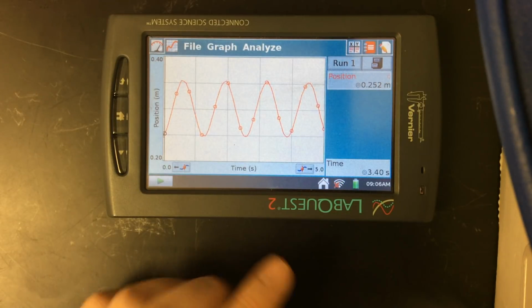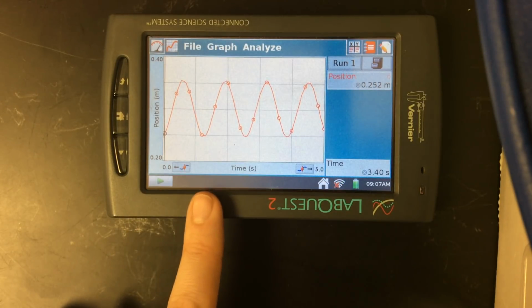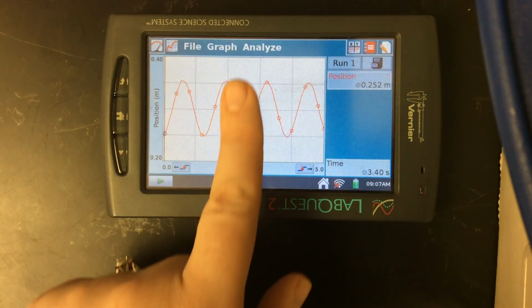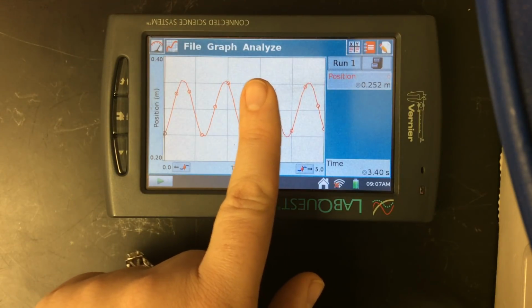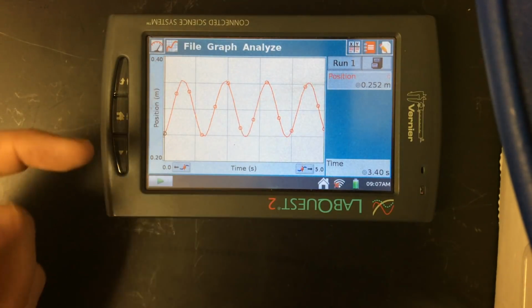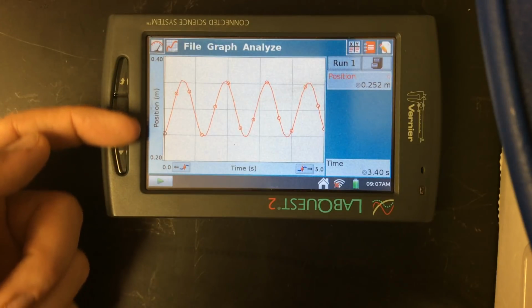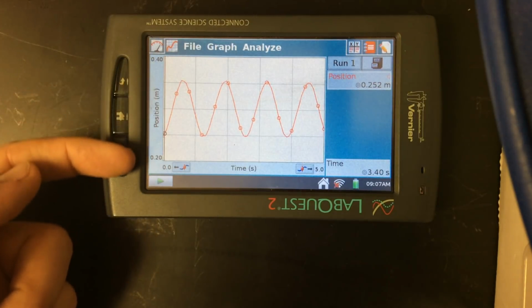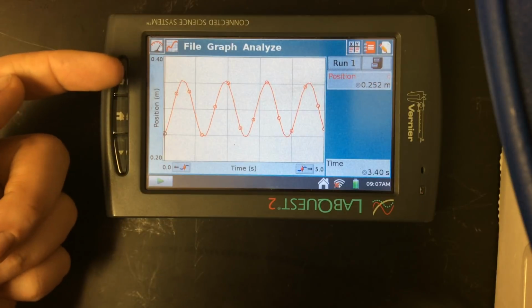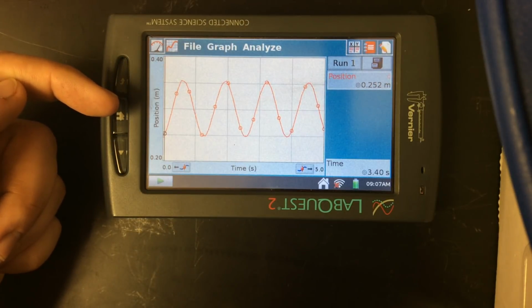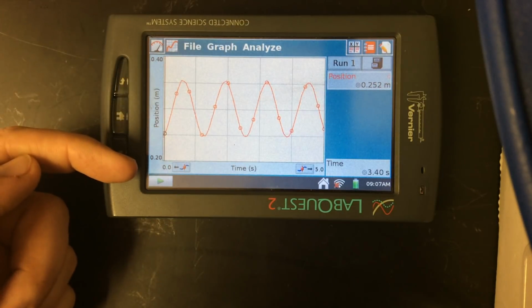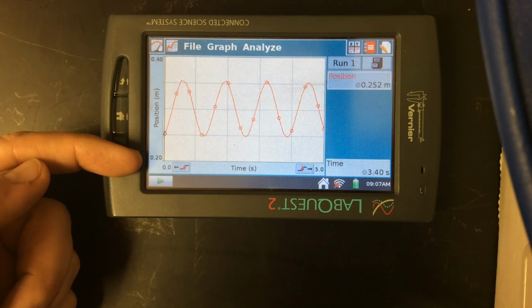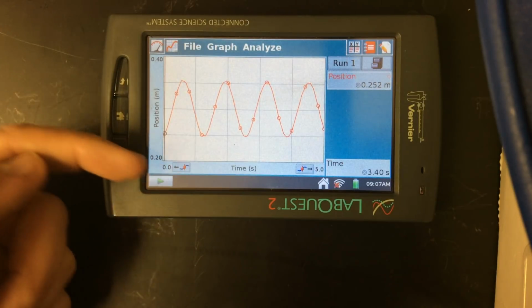You don't need that entire time. You need at least, I would say, 2 seconds, which would be right about here. 2.5 if you can fit it, but at least 2. And then up here on my y-axis is my position. How far away from the motion detector was my pendulum? So my low point is 0.20, but notice the graph doesn't go that far.